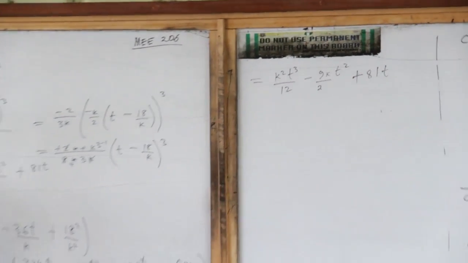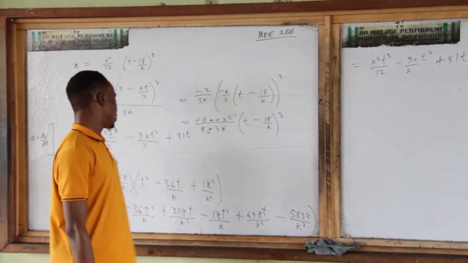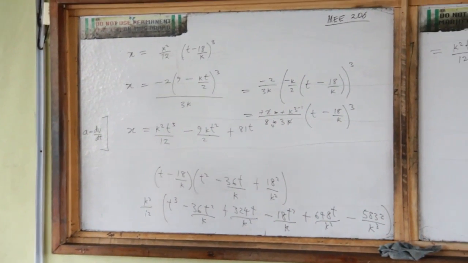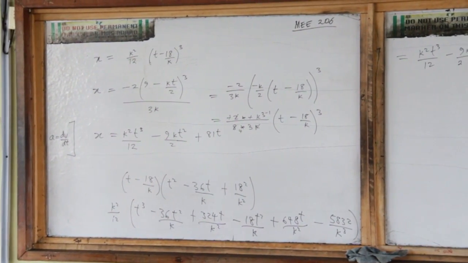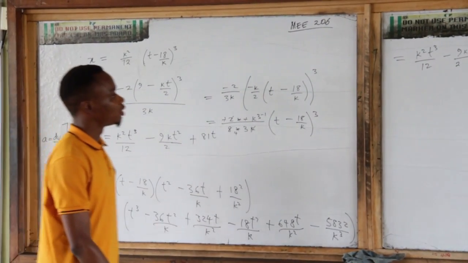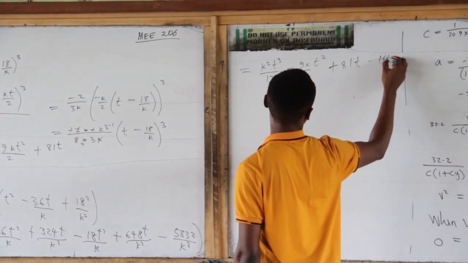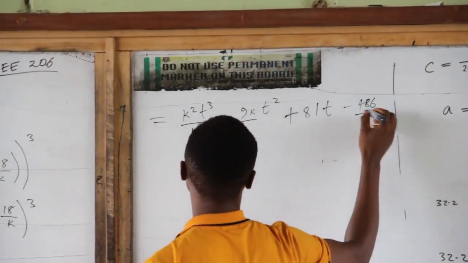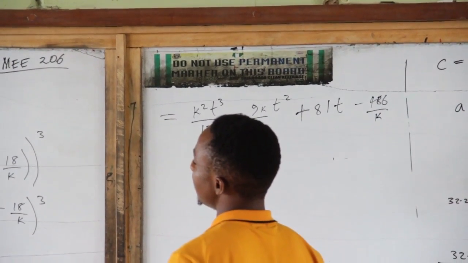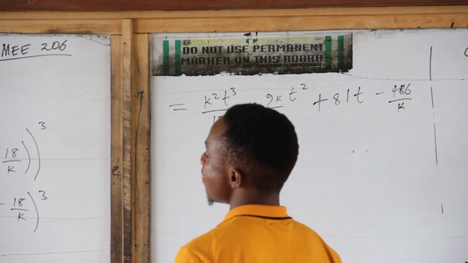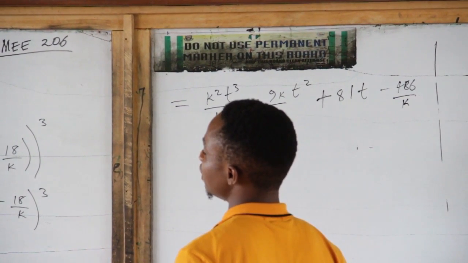Then the ones without t. The only one without t is this. So 5832 divided by 12. What does it give you? 486 over. That would be minus. Okay, you didn't add this bracket and minus.